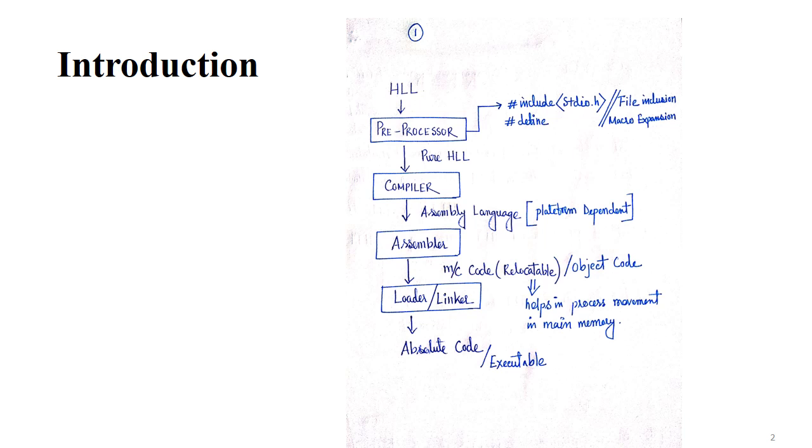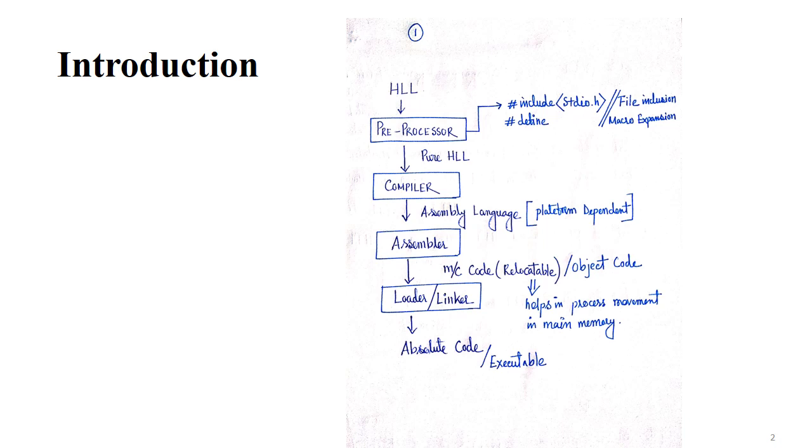That means with the help of linker and loader only, that relocatable machine code, or you can say object code, can be converted to absolute code and executable code. Absolute code and executable code are pure machine-level language, and that code can only run on your machine.